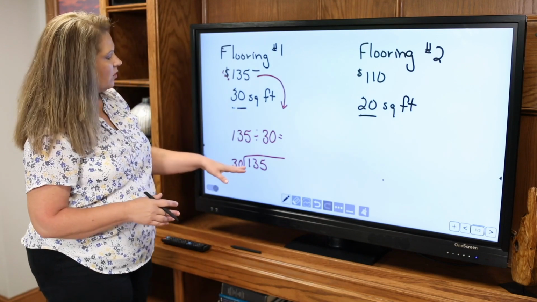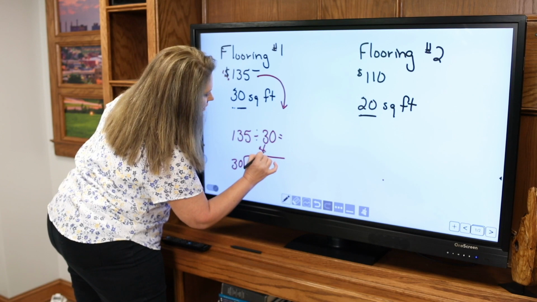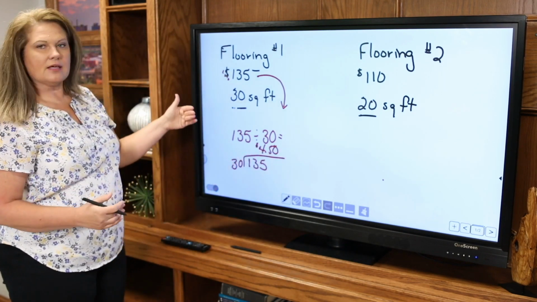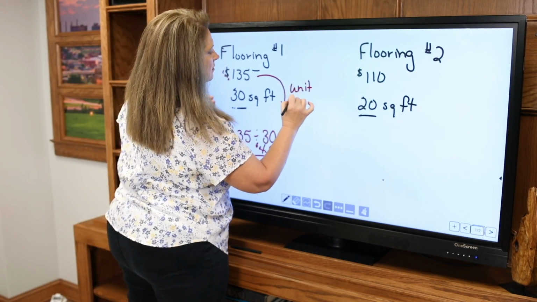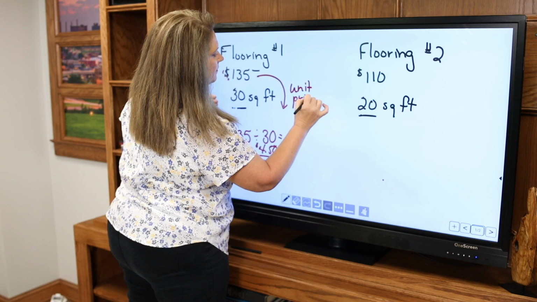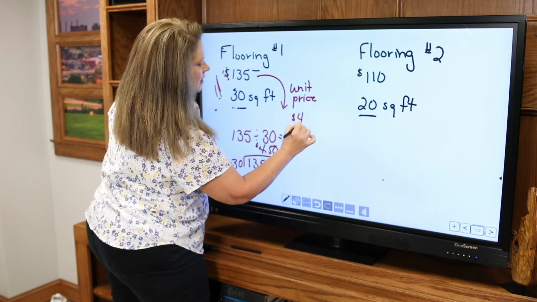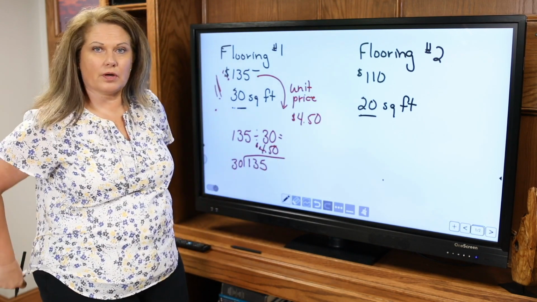So when you take your division problem, that's going to give you $4.50. So we can say that the unit price of flooring number 1 is going to be $4.50 per square foot.